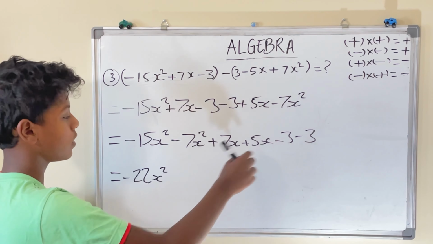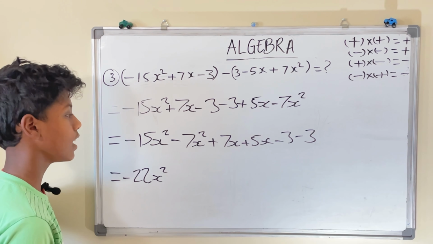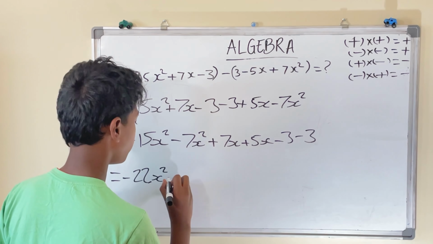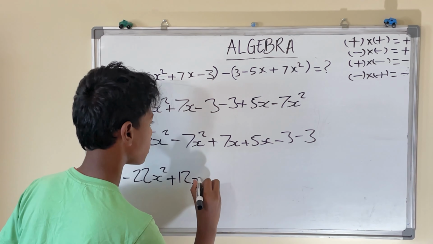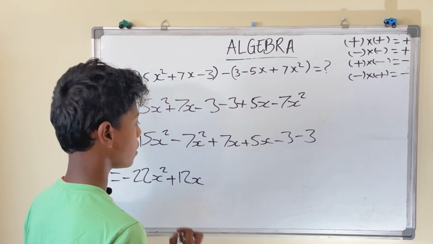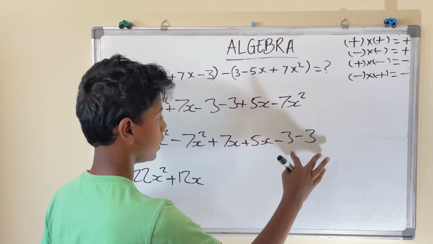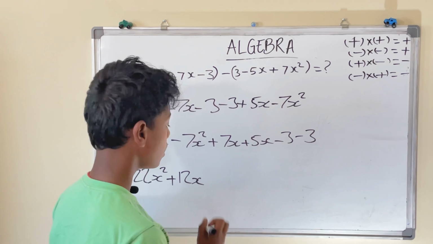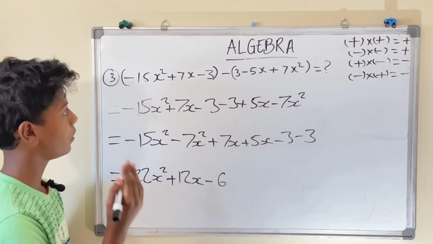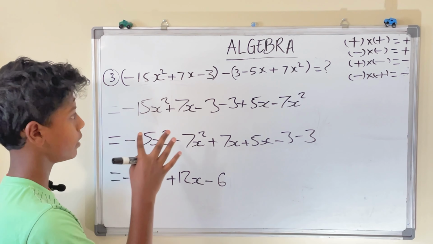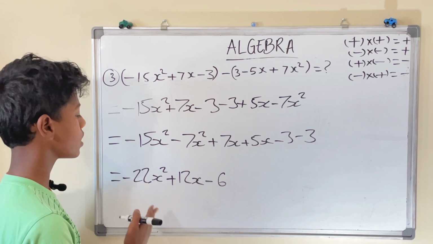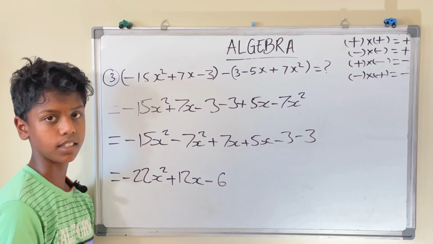And then 7x plus 5x is 12x, so we're going to put plus 12x. And then minus 3 minus 3 is negative 6. We just add these two numbers and then put our negative sign in front. So minus 6. And this is our answer for this question. This question simplified is equal to negative 22x squared plus 12x minus 6.